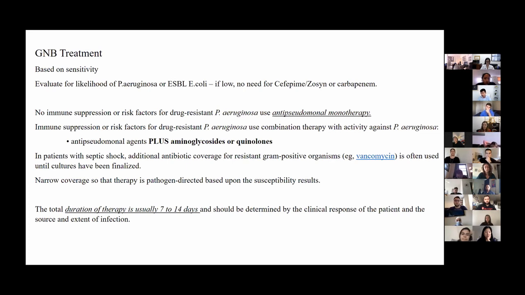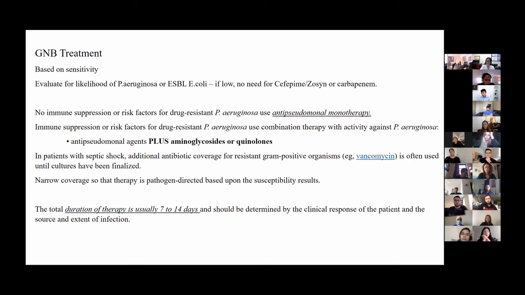SPICE organisms are Serratia, Providencia, indole-positive Proteus, Pseudomonas, Acinetobacter, and increasingly Morganella. Those organisms, even if they say they're sensitive to ceftriaxone, will develop resistance on treatment. So if we're going to have to treat them for more than 5 days, or 5 to 7 days, it would not be a good idea. It would be better to up it. But otherwise, you just go straight with the sensitivity profile.